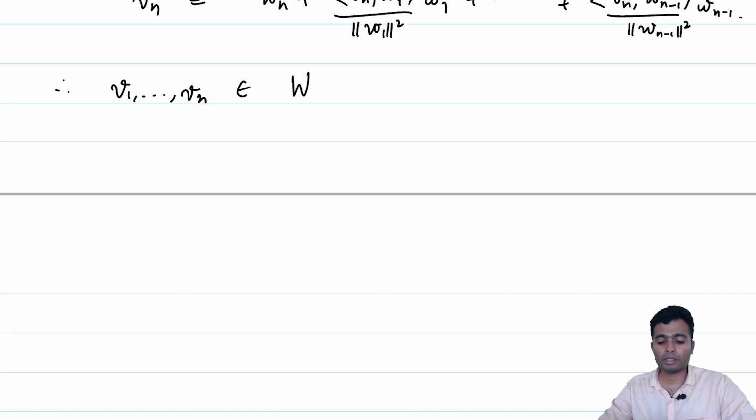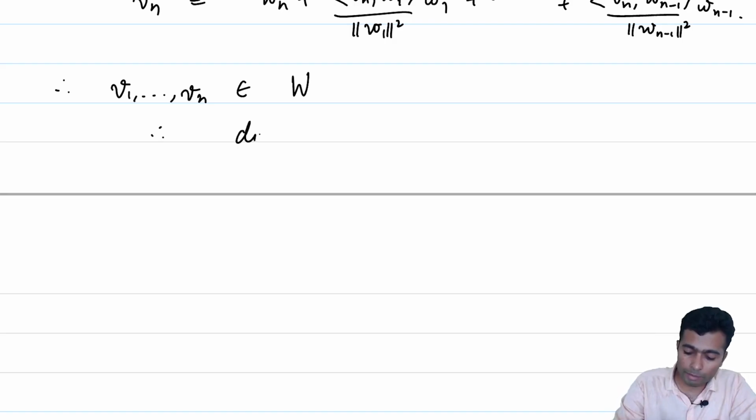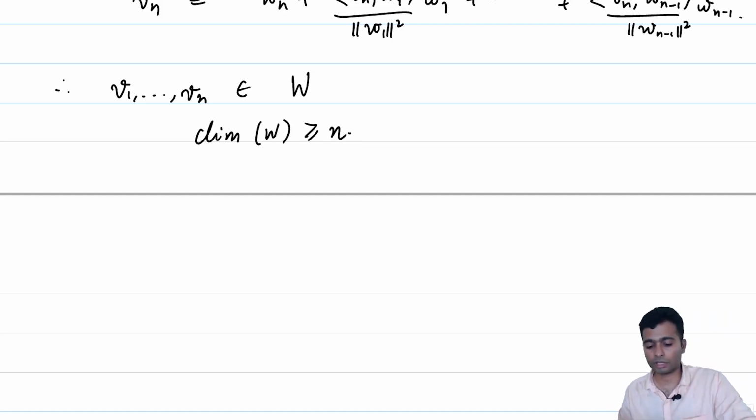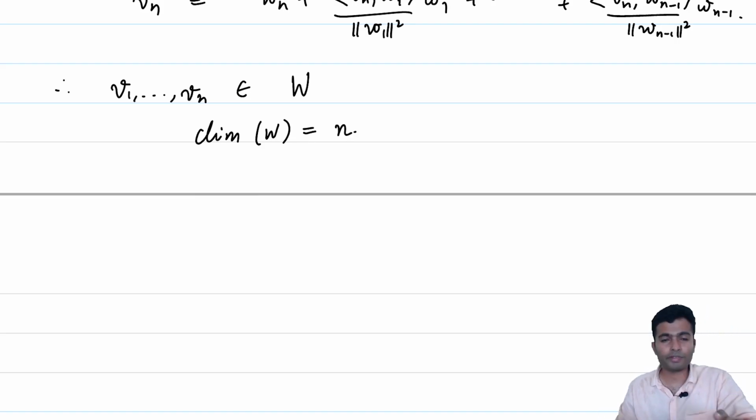But then the set V1, V2 up to Vn is linearly independent, and therefore the dimension of W is greater than or equal to n, but of course it's equal to n because it is a subspace of V, where V1 to Vn is a basis, so this is a spanning set, and therefore this is equal to n.